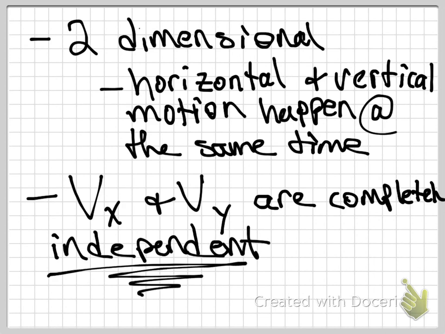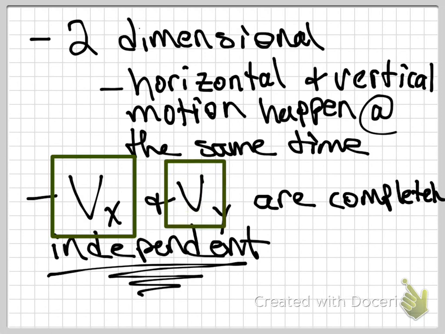So that means that your horizontal velocity has zero effect on your vertical velocity. They act independently of each other. They don't affect each other whatsoever, right? So your x and your y act alone, okay? That is a big, big key here.